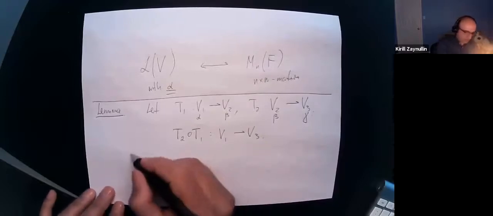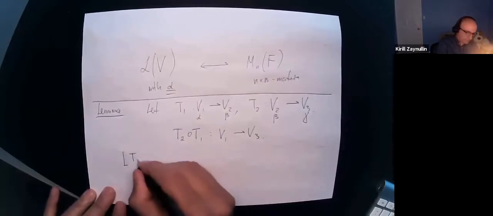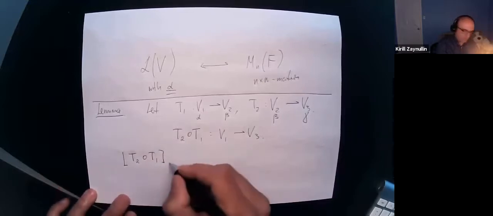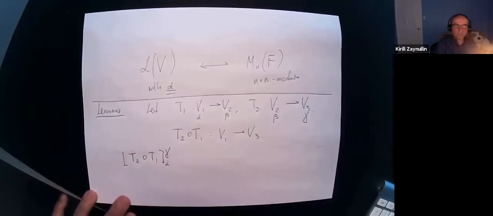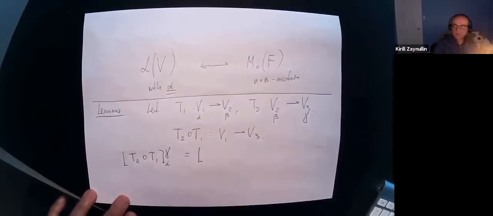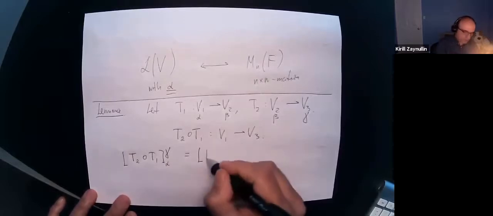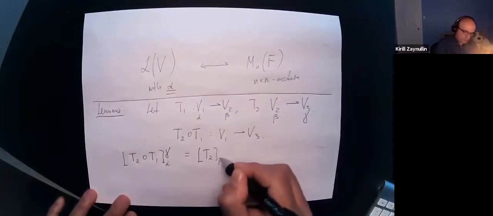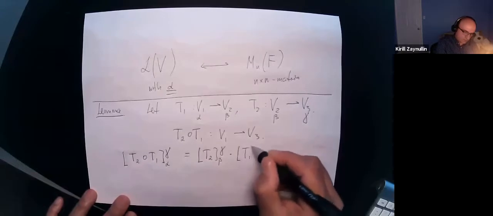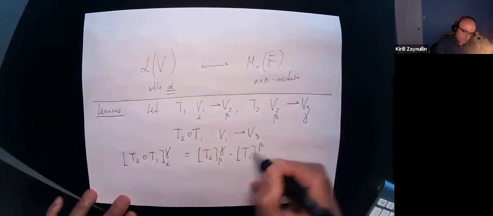And then what this property is telling us is that if you want to compute the transformation matrix of the composite from alpha to gamma, then this is the same as the product of the corresponding matrices, T2 of beta gamma times the usual matrix product, T1 of alpha beta.